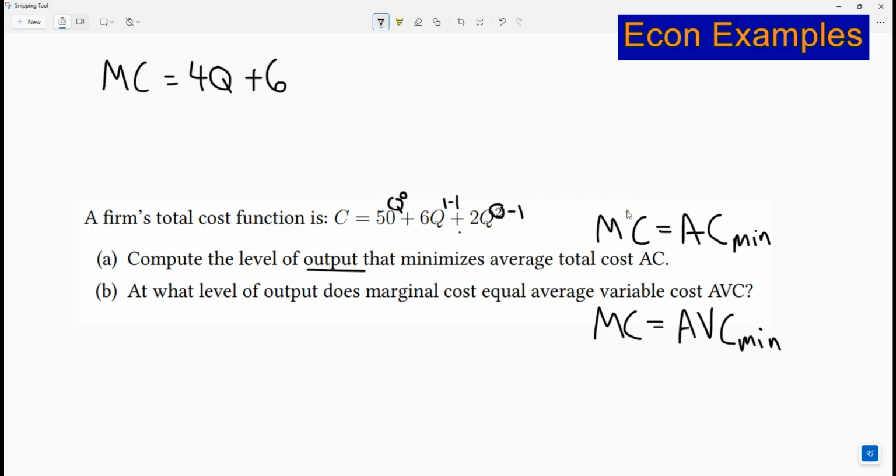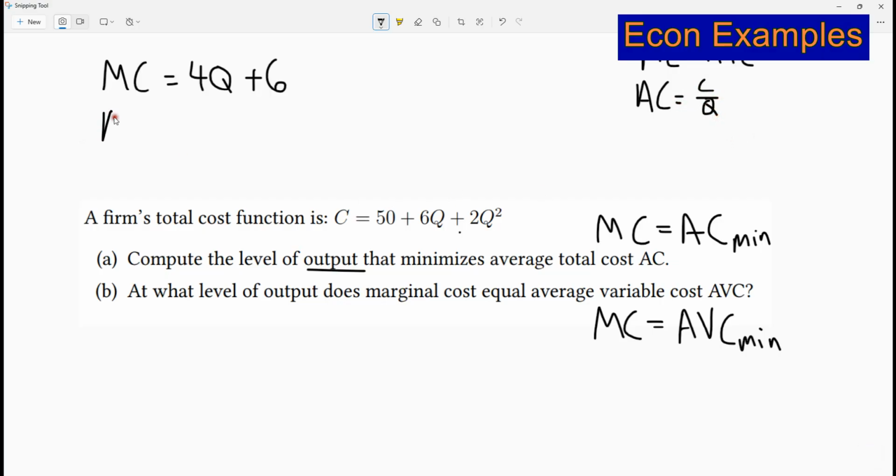Okay, next, we want to find what our average total cost is. Average cost means the same thing; you'll hear people say average cost in some classes and average total cost in others. The formula is that average cost is just our cost function over quantity.